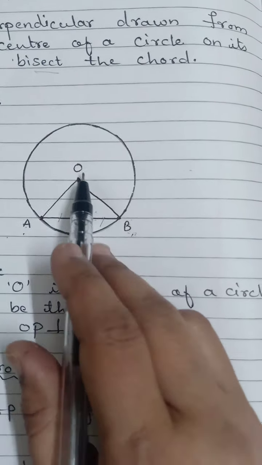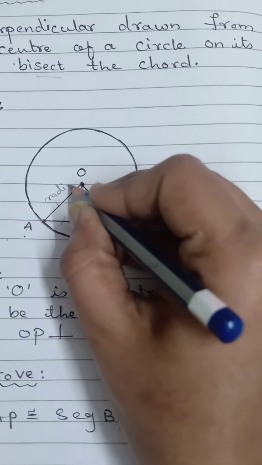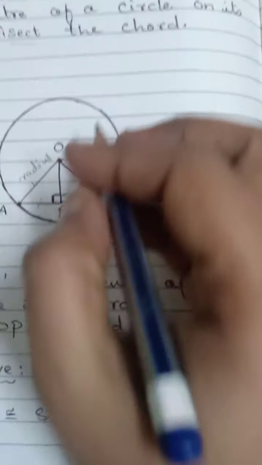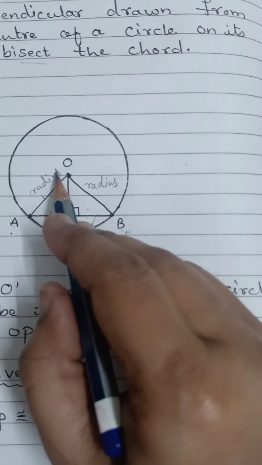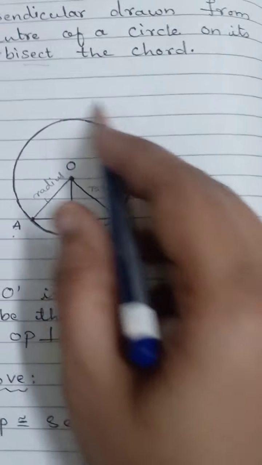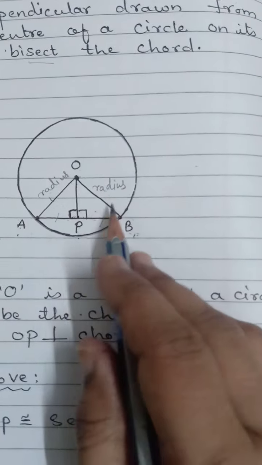If you see here carefully, the side from the center to the circle is called radius. Similarly, from the center to the circle, this side is also radius. That means we can say OA is a radius and OB is also a radius. Both the radii are in the same circle, and for the same circle, the radius will be the same.